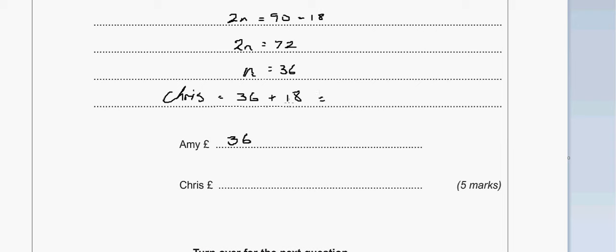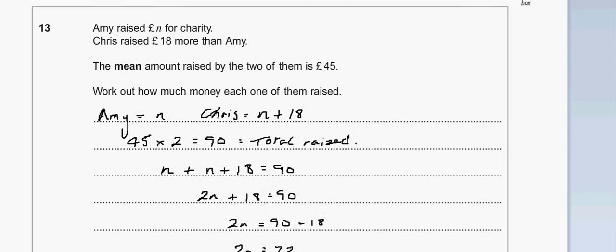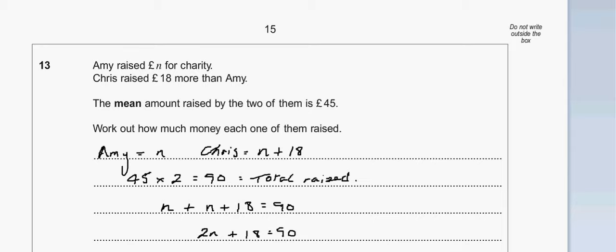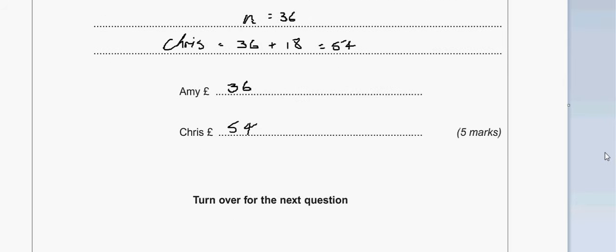So 36 plus 18 is 54. And we can check this. 36 plus 54 is 90. The mean average would be 90 divided by 2, which gives us the 45. This question is worth 5 marks, so you need to put in as much as you can. So let's move on to the next question.